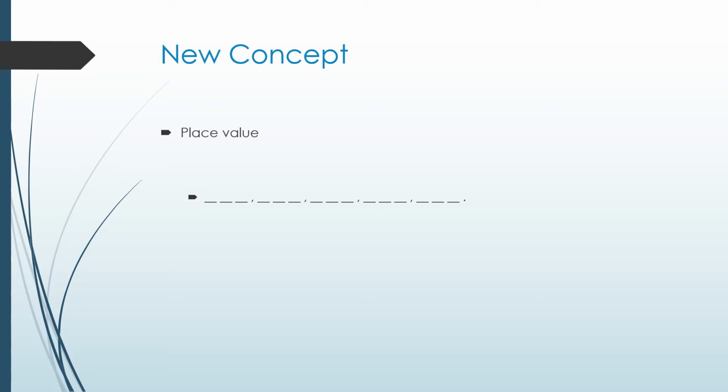So each of these sections, you can think of on their own. Actually, I'm going to fix that because I don't want to include the comma. So we've got these sections of 3 digits. And you see if we're going through the trillions, we actually have 5 of these sets.